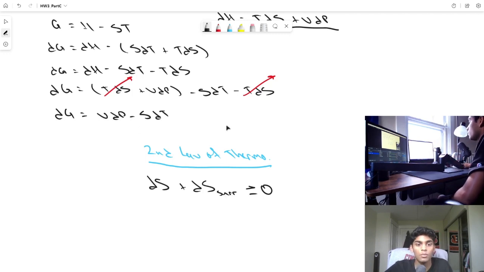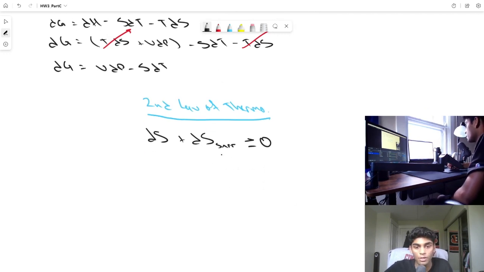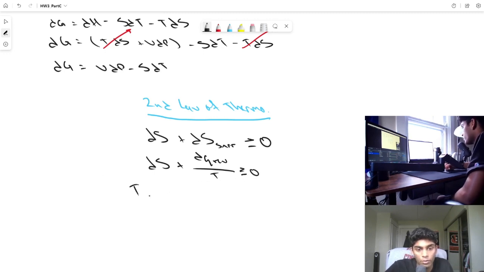And so we can use our definition of entropy: dS plus dq rev over T is greater than or equal to 0. And we're going to multiply each side by T: TdS plus dq rev greater than or equal to 0.